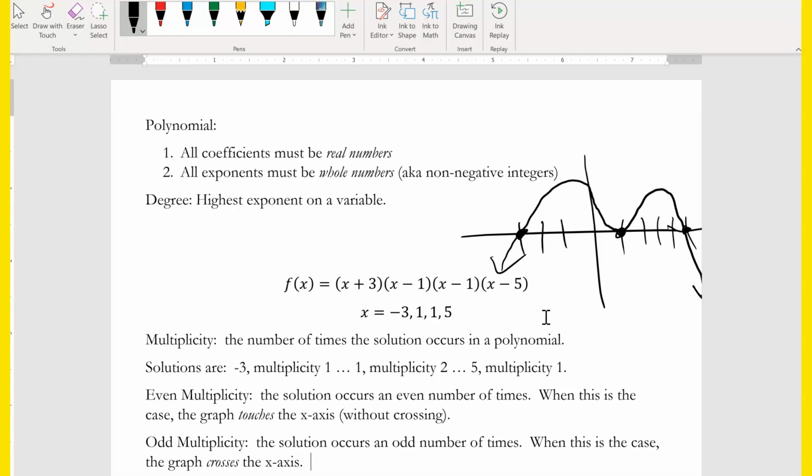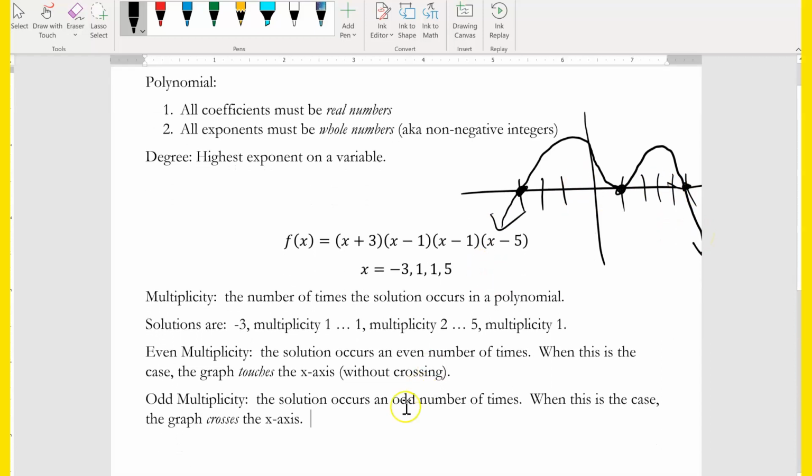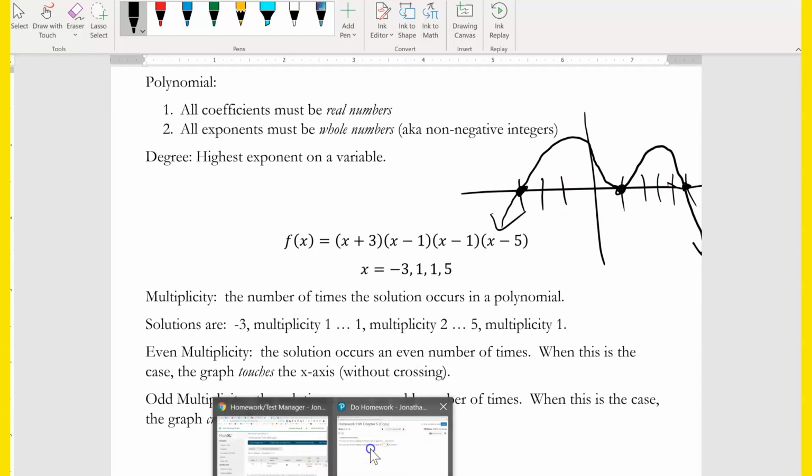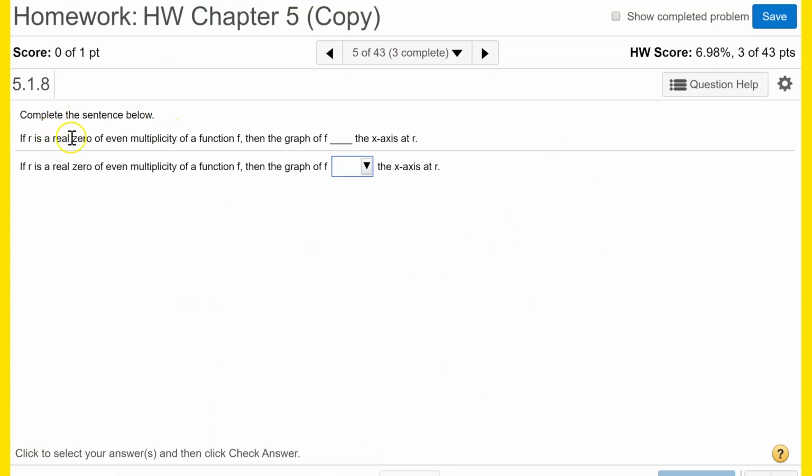So it might look something like that. It might not look exactly like that, but it might look something like that. So let's go back to our problem. If r is a real zero of even multiplicity of a function, then the graph of f does what? Touches or crosses? Touches the x-axis at r.